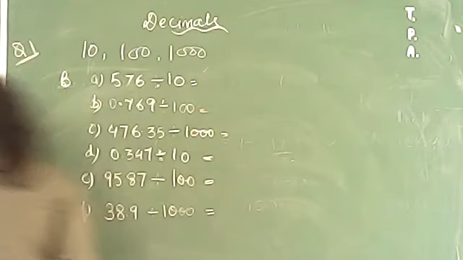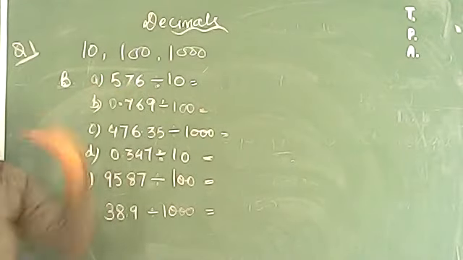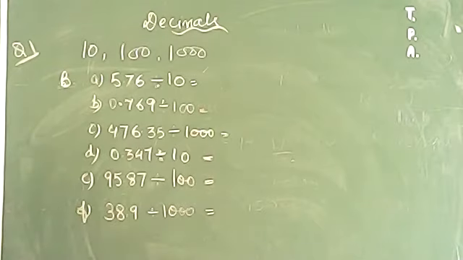As I have told you just now in the previous question, कि जब हमारे पास multiplication of 10, multiplication of 100, multiplication of 1000 होता है, so you just shift the decimal to the right hand side. But वही decimal, वही same काम अगर आपके पास division में होता है, so you will simply shift your decimal to the left hand side. Okay. And for this, how many places you will shift the decimal?